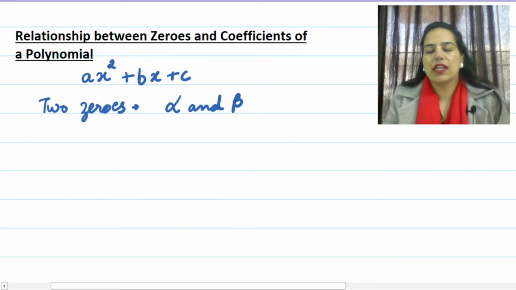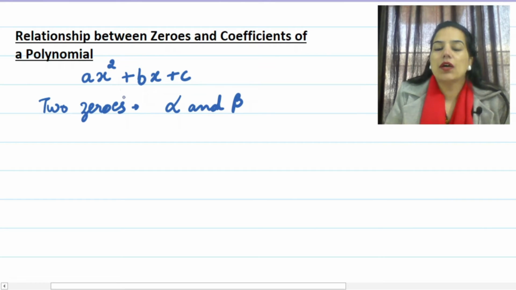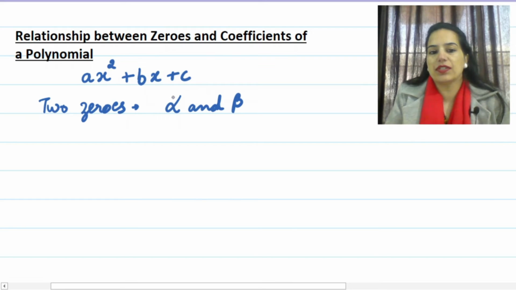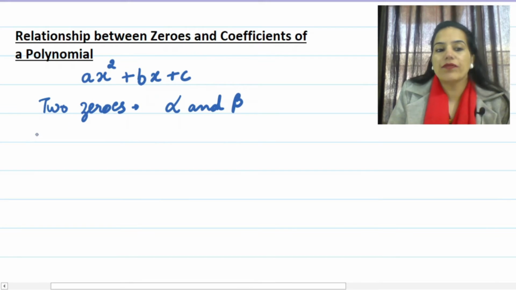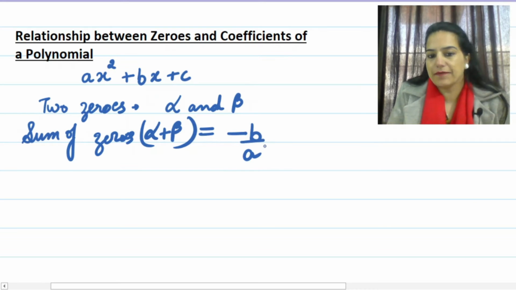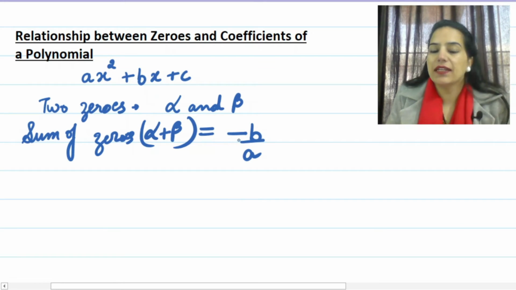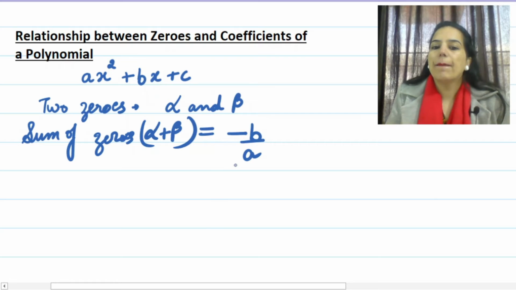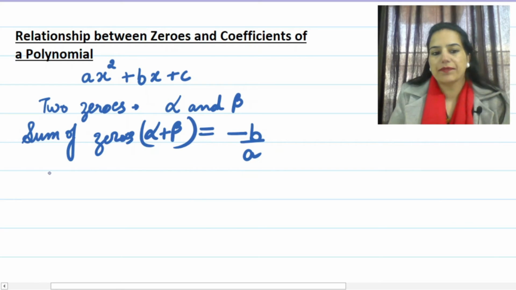Generally, for any question which is given to you, there must be two zeros, so we are naming them alpha and beta. Now, how are the zeros related to the coefficients? The sum of the zeros, alpha plus beta, is equal to minus b by a, that is minus the coefficient of x upon the coefficient of x squared.